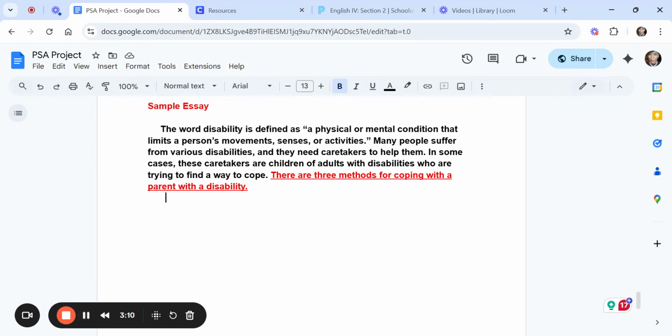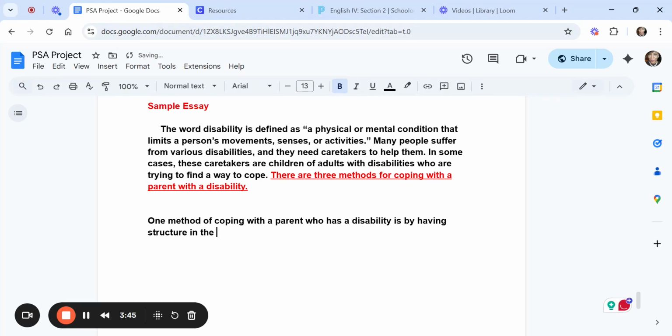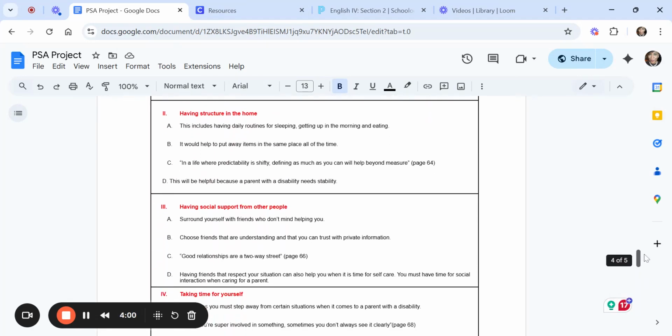So I will start this first body paragraph. This is the first sentence of my first body paragraph because this is the first topic that I mentioned on this outline, having structure in the home.